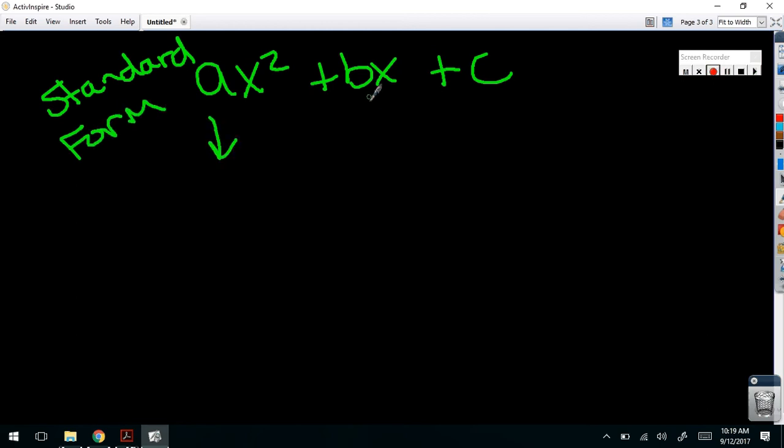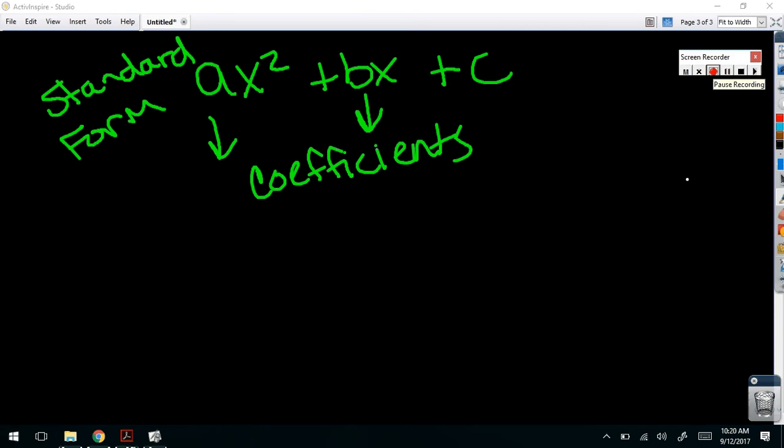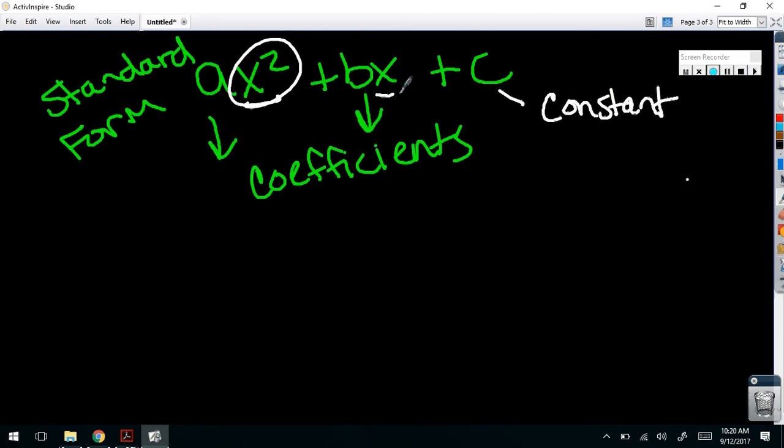A and b are coefficients. They do not include the variable, and c is the constant. A is always hooked to the x squared, b is always hooked to the x, and c is always the number by itself.